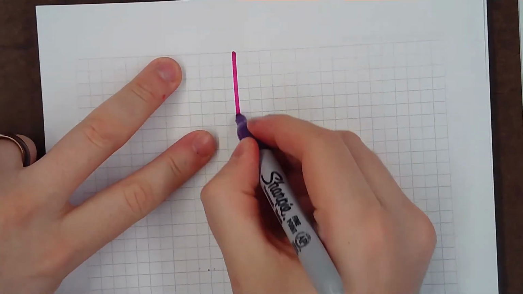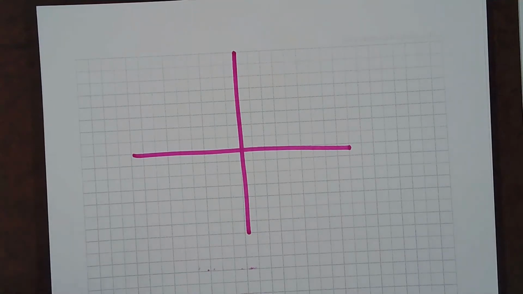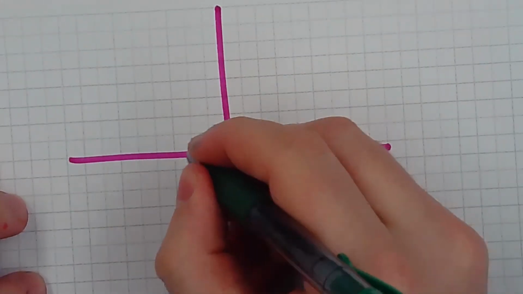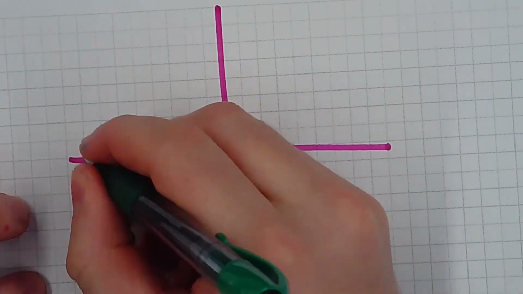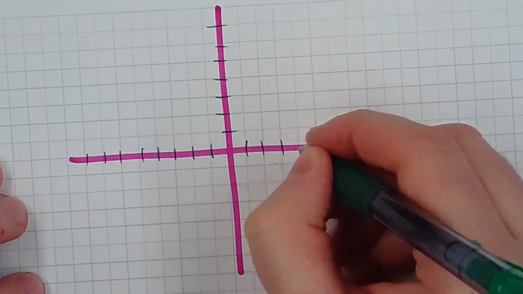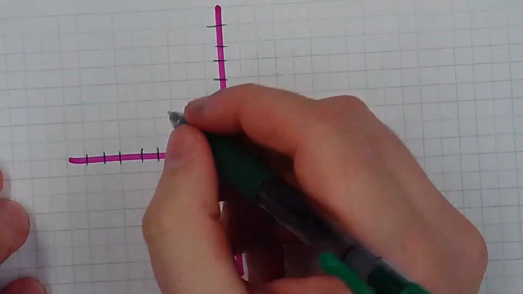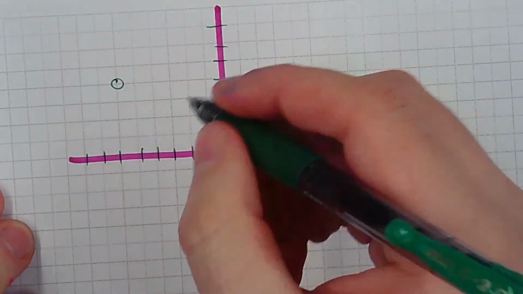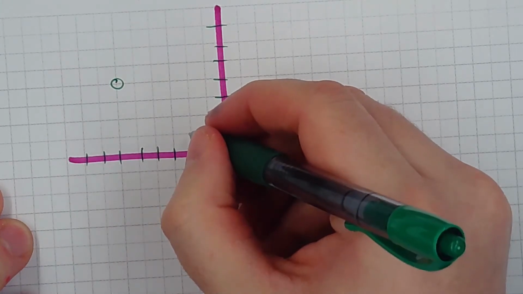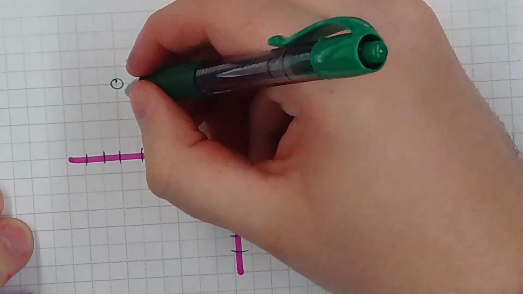So what if they give you something like this? Zoom in a little bit. Let's do our dashes really quickly. Something like this to this, connected.